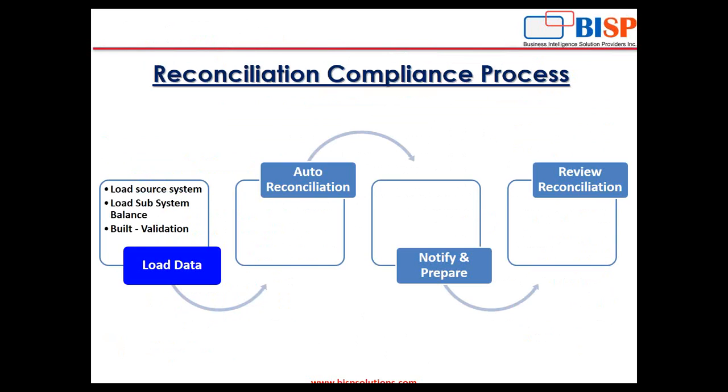Example being general ledger to sub ledger accounts. Let's say accounts receivable. So my source system can be GL, that is my general ledger, and the subsystem can be the accounts receivables sub ledger balance. So the first step is I have to update the balances for the period end.